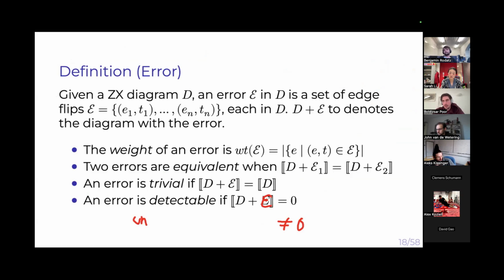Very good question. Not just here, but throughout this talk, I have been a bit cheeky in that I haven't told you that what we do is we post-select on the outcomes of certain measurements. This is the reason why this definition of detectable error makes sense.